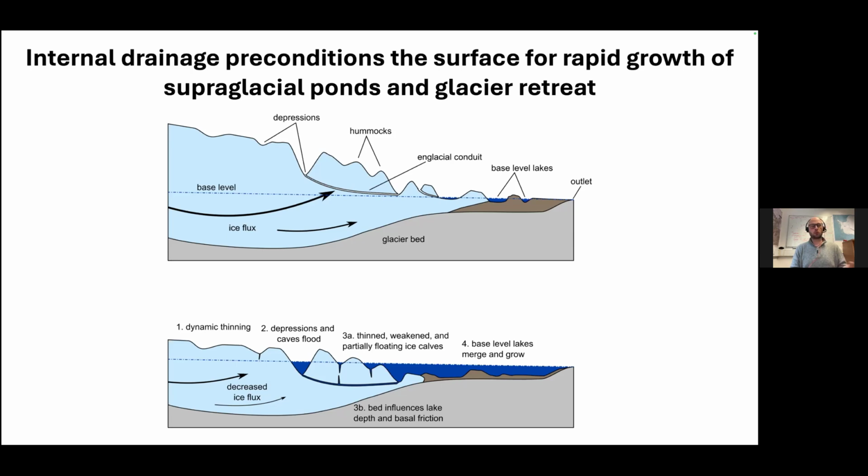And this really meshes nicely with what we observe, where debris covered glaciers can go from having almost no ponds to suddenly having a huge complex of ponds that last from year to year. So I think we've shown that internal drainage is a key part of understanding the evolution of debris covered glaciers.